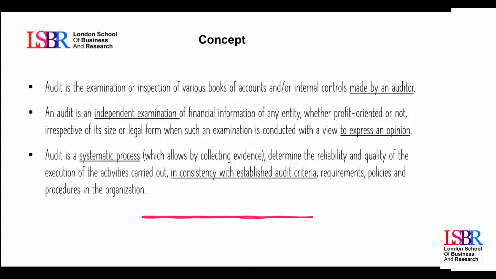This established criteria are international frameworks or local standards, or even the policies and procedures inside of a company. So it could be a rule, it could be a law.